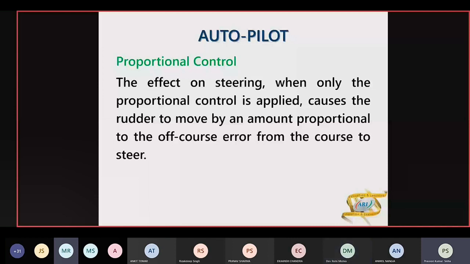It will overshoot. Once it overshoots it will go to the other side, the rudder will be applied the other way. Again it will come the same way, and when the difference is 0 the rudder is at midship, and it will overshoot again to the other side. So if only proportional control was applied, this will not turn out to be efficient steering. The vessel will keep on oscillating about the track, port and starboard.